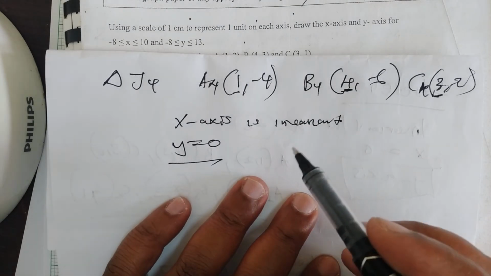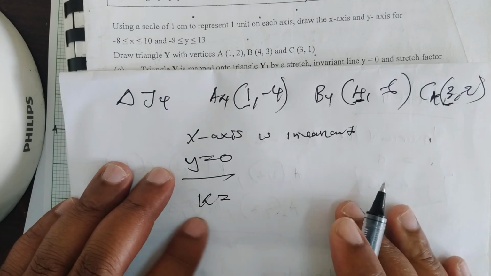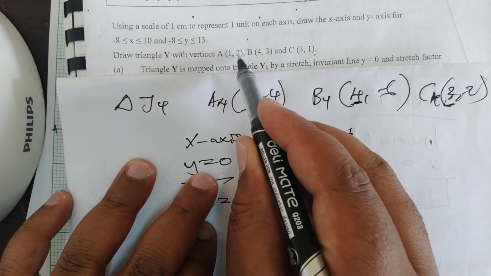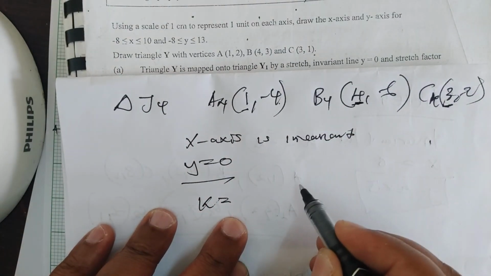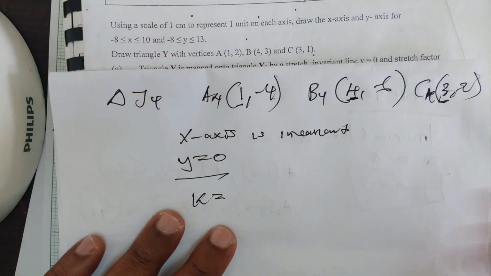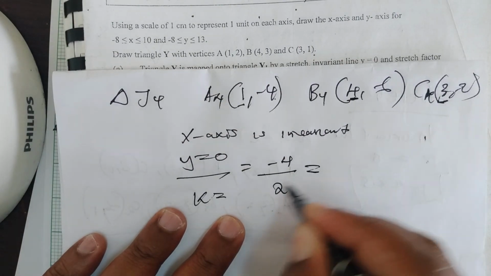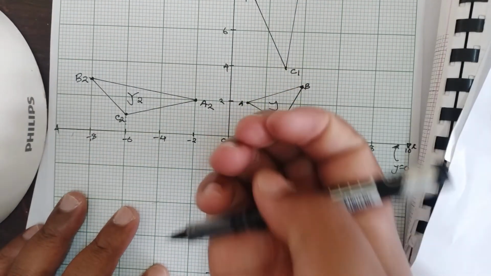Then what is the stretch factor? For us to find the stretch factor, we look at just one point, this point and this one. From the definition, it is the image divided by the object. What is our image? -4. What is our object? 2. This into that is -2. That is why the stretch is downwards, because it is negative.